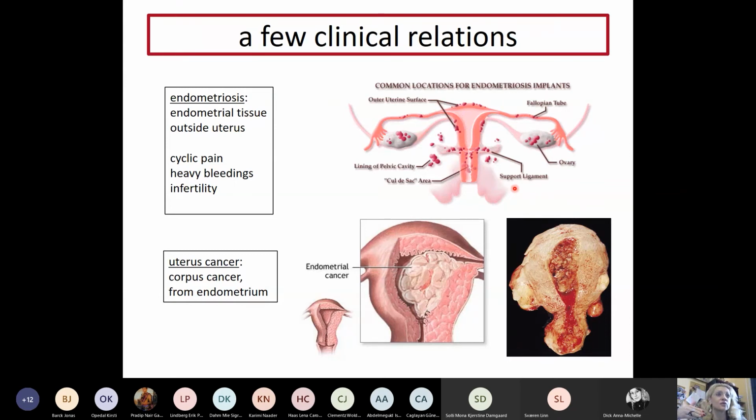So you can imagine if you have cyclic changes of these endometrial cell islands, then you have cyclic pain, heavy bleedings, and even infertility. Unfortunately, it's a very common disease. Also, I'm sure you heard about uterine cancer, and this can grow from the body of the uterus, from the endometrium.